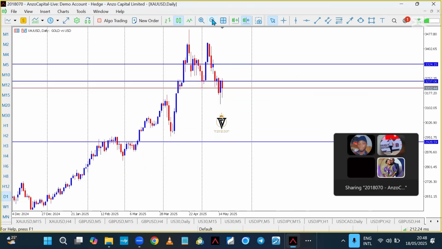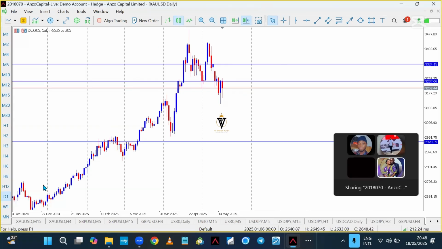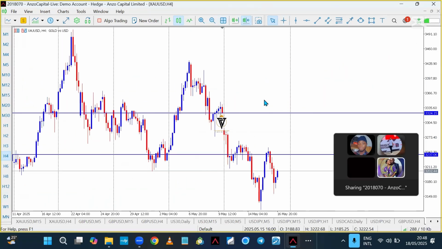You see that price reacted to those levels. Price reacted to those levels on the daily time frame. But let's go to a 4 hours time frame and see what we have.